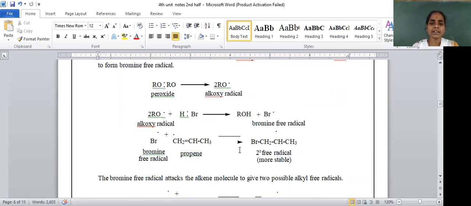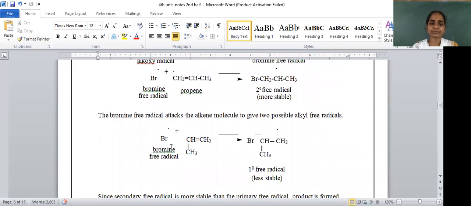When it reacts with the propene, it forms a secondary free radical, which is the most stable one. The bromine may be attached to the secondary free radical or a primary free radical.